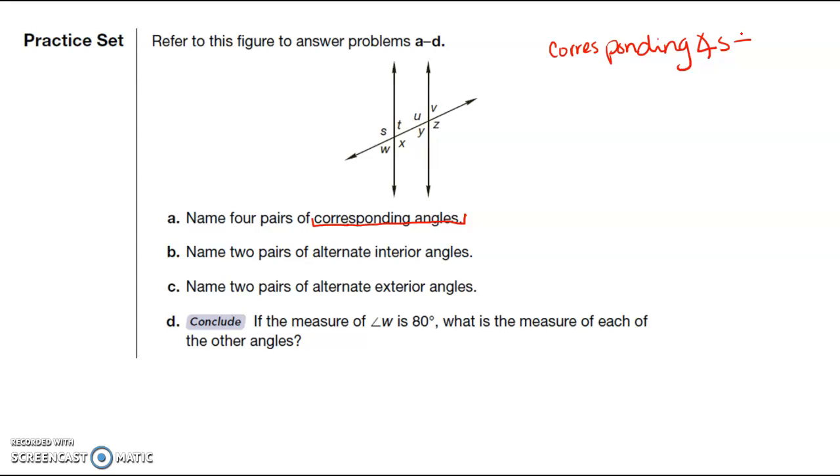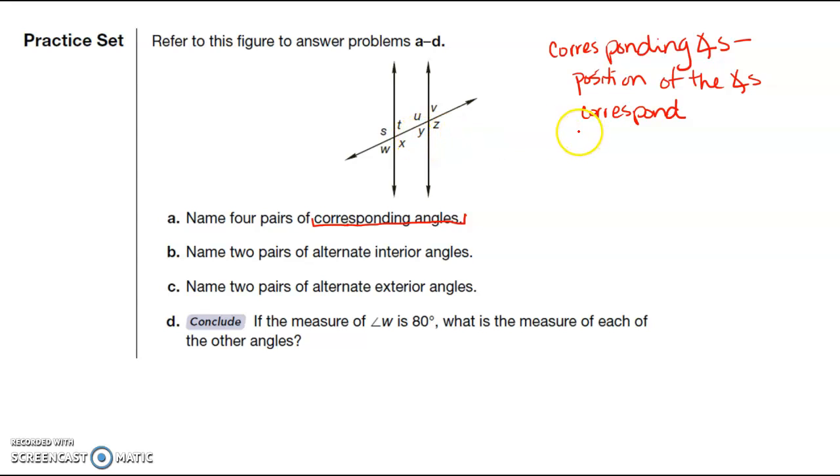That doesn't make any sense whatsoever, but I'm about to show you what corresponding angles are. So the position of the angles correspond. How is that even a definition, for the love of Peter, Paul, and Mary?